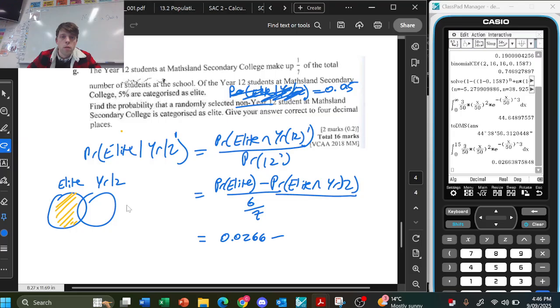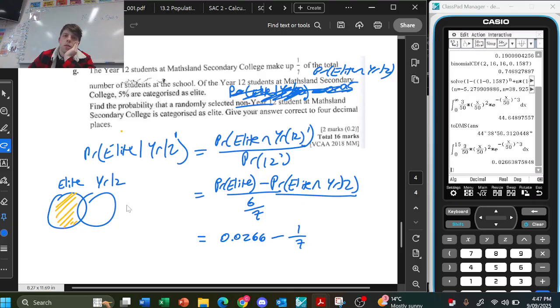So sorry about confusing you there. So of the year 12 students, 5% are elites. So this here, yeah, this is the probability that they are elites and in year 12. That's what I said earlier. Well, it's of the students who are in year 12. So I guess if we were to select a random student, what's the probability that they're in year 12?